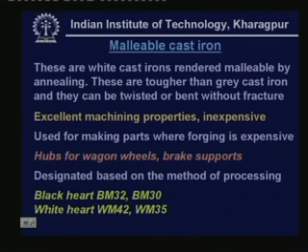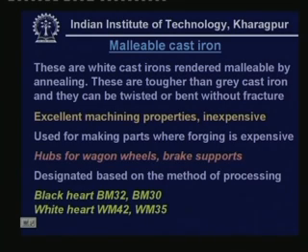Malleable cast iron. One thing you will understand is that these have malleability, meaning they can undergo a good amount of deformation, or they have a good plastic zone. These are white cast irons rendered malleable by annealing. Annealing is a heat treatment process by which you heat the material and then cool it down.